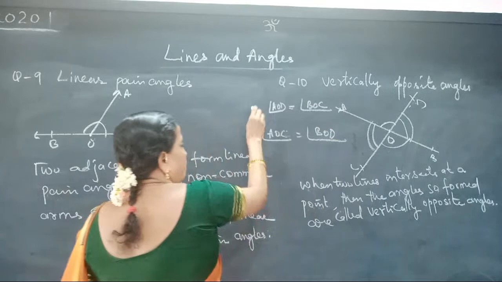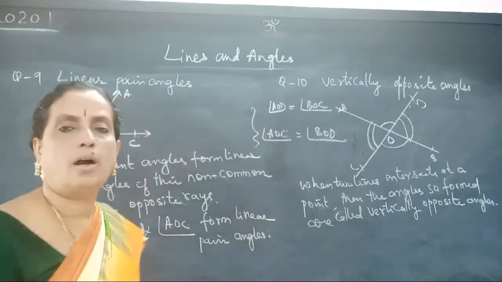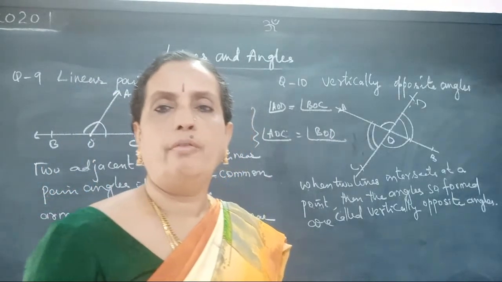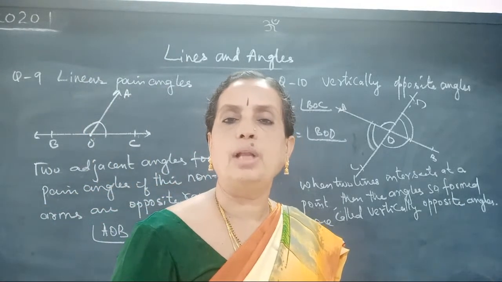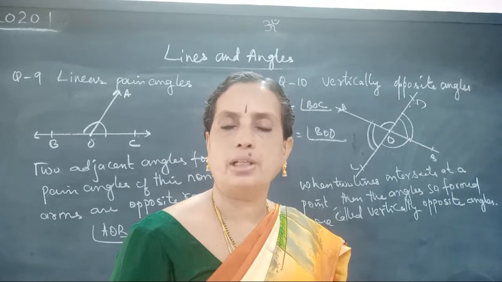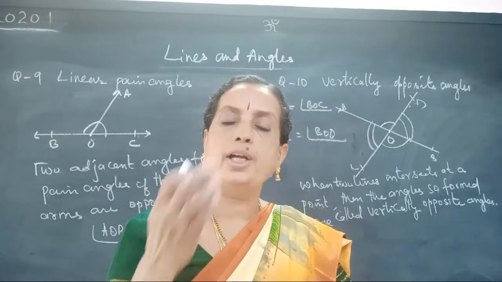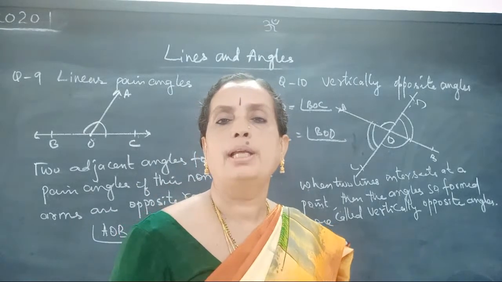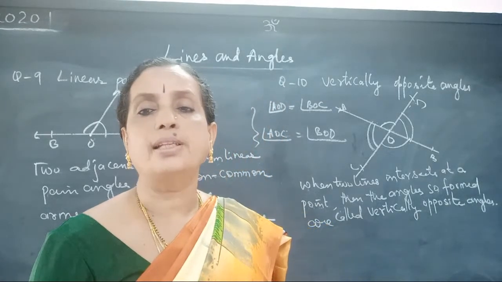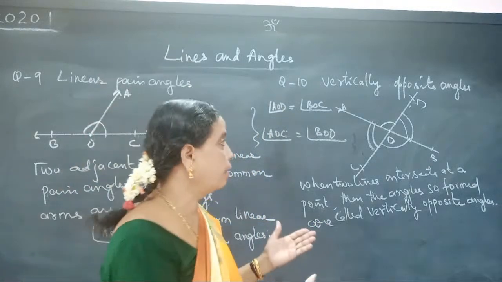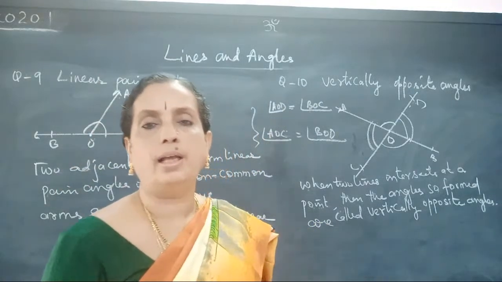These are all pairs of vertically opposite angles. When do we get these? When two lines intersect each other. When a ray stands on a line, they form linear pair angles. When two lines intersect each other, we get vertically opposite angles.